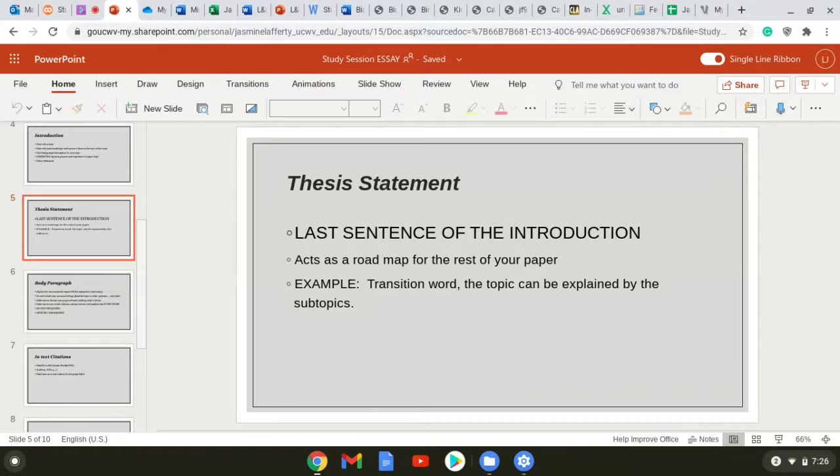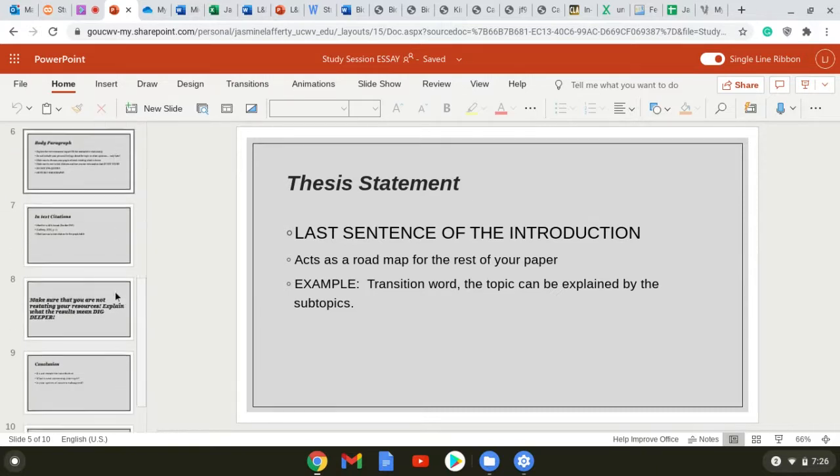Does that make sense? Ultimately is a good transition word, a good smooth entrance. Climate change effects on sea turtles, that's my main topic, can be explained by examining the population of sea turtles over the last 10 years. That's my subtopic. That's how I can explain and back up my main topic. Does that make sense to everyone?